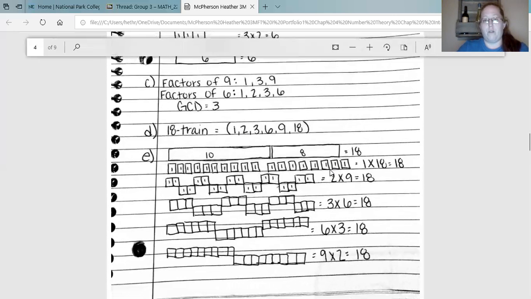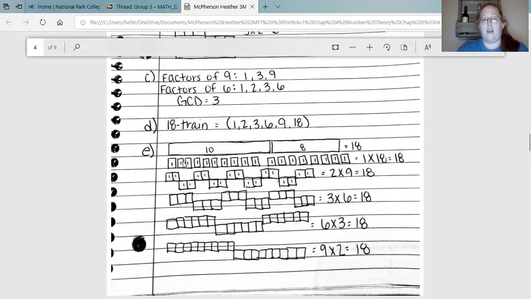That can be shown with 10 1 centimeter blocks and 8 1 centimeter blocks. That makes 18. You have 2 centimeter blocks times 9 equals 18. 3 centimeter blocks times 6 equals 18. 6 centimeter blocks times 3 equals 18. And 9 centimeter blocks times 2 equals 18.